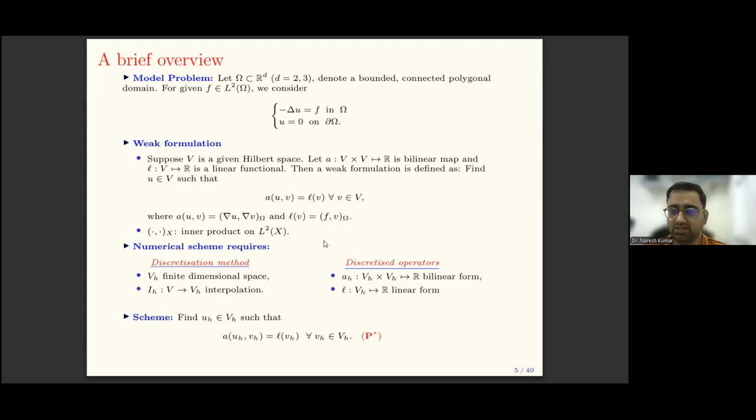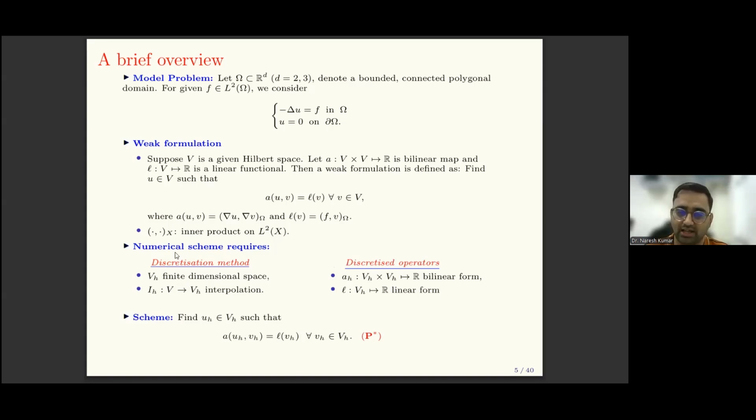This is the continuous approach, because here u belongs to capital V, which is an infinite dimensional space. If we think about the fundamental tools in numerical analysis, this is the continuous setting. Then if we want to apply some numerical scheme, we have to discretize the domain, discretize the space, and discretize the operators also.